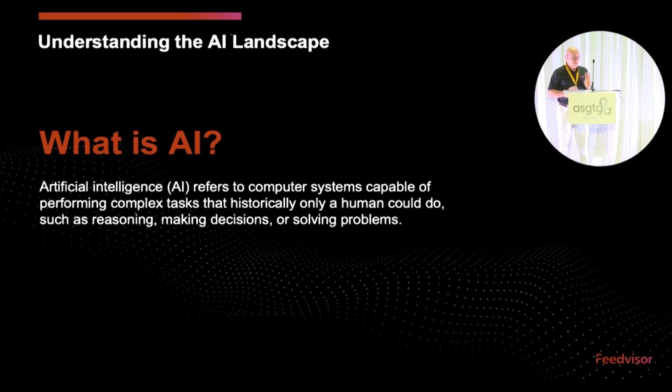So when you think about this for a second, it doesn't mean that a calculator is an AI, right? But when you, as a person, think about a problem, when you need to make a decision, this decision making is what differentiates a human on one side from the computer on the other side.